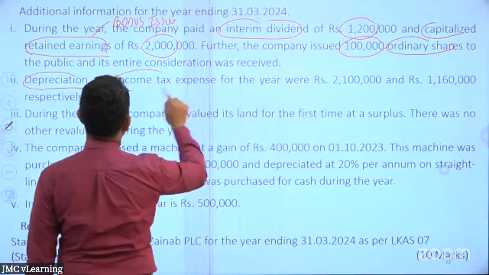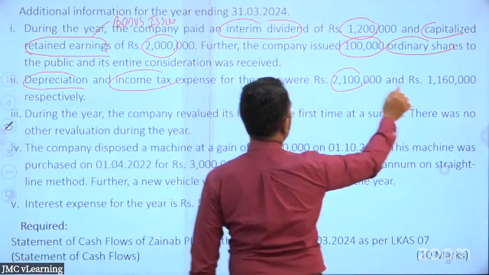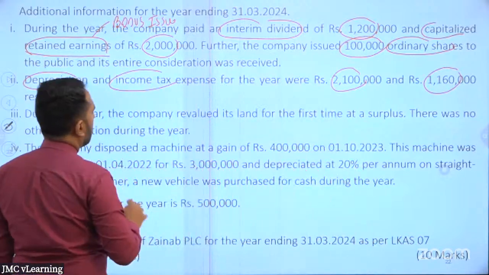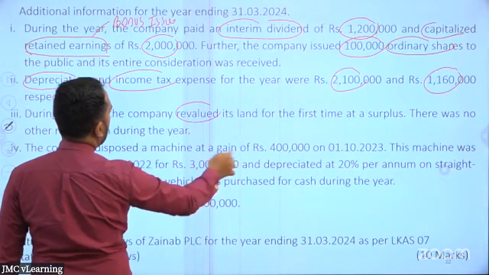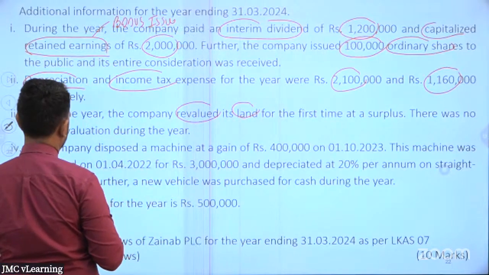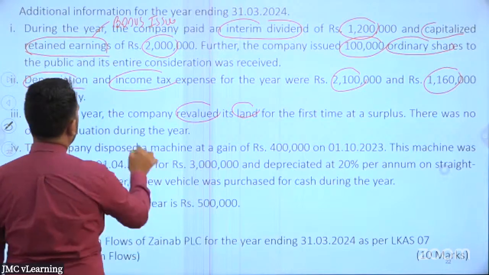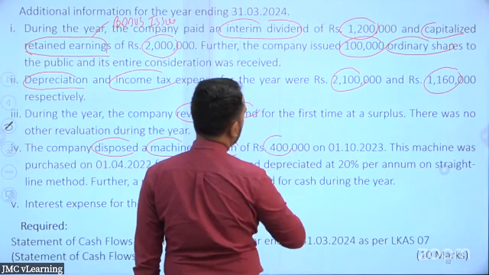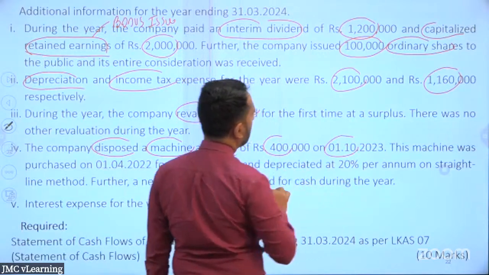Depreciation and the income tax 2,100 and 1,160. During the year, the company revalued the land for the first time and it was a surplus. The company disposed of a machine at a gain of rupees 400 on 1st of October.